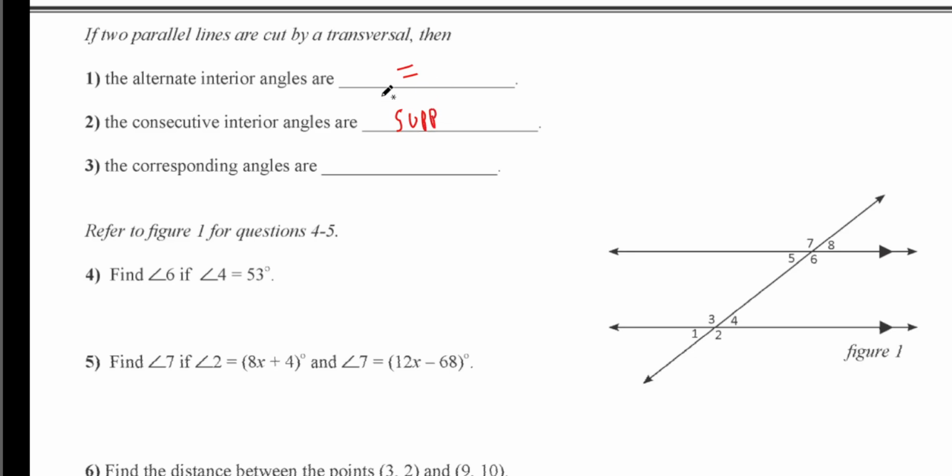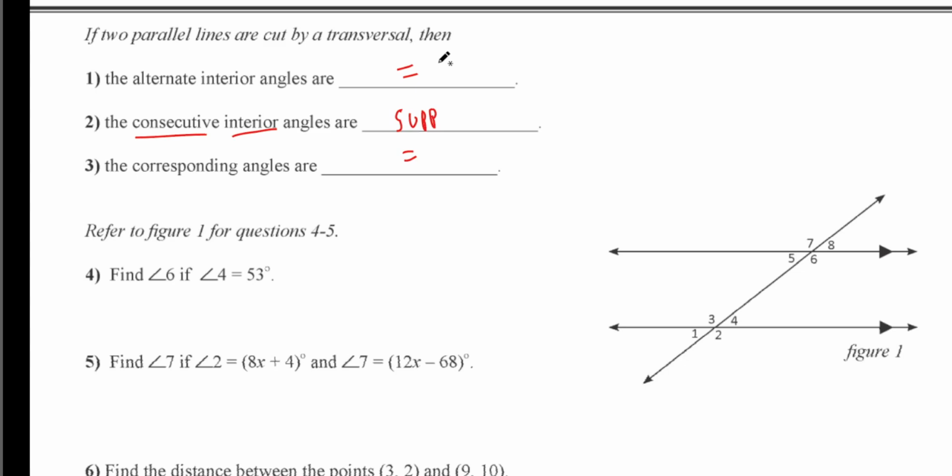They add up to 180. Corresponding angles are also equal. Now look, all these things, the only one that's not equal is the consecutive interior angles. Everything else is equal, and that's what I was asking. When we reviewed for this quiz, I said you're going to either say equal or supplementary. And then I got all these other answers. I got all these other words in there.